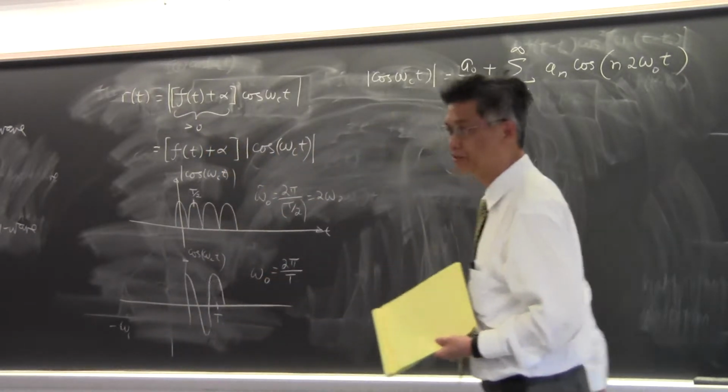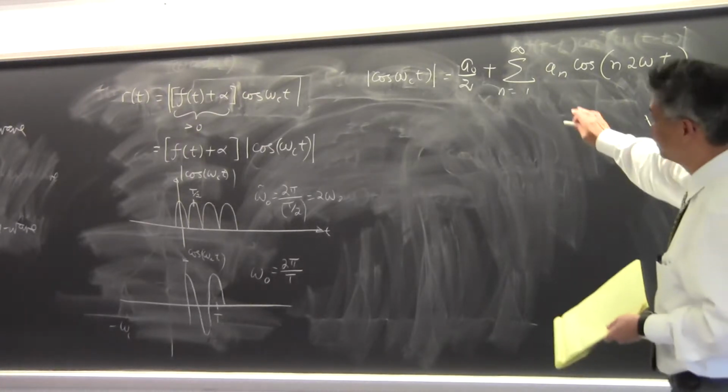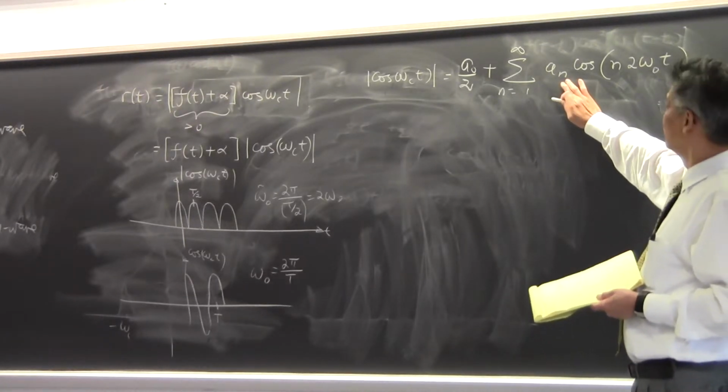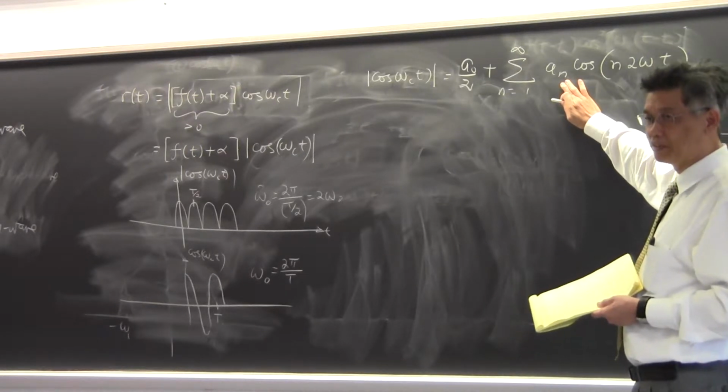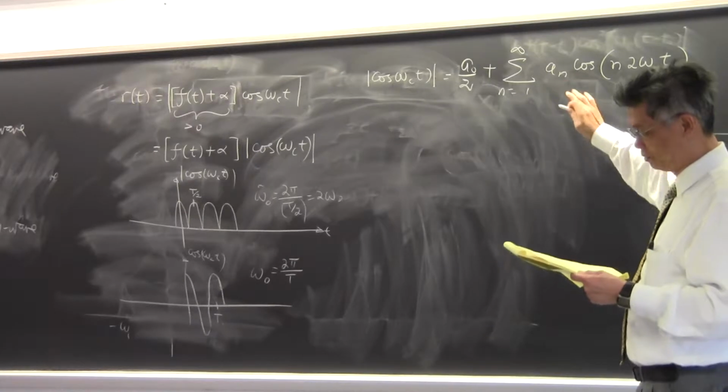Okay, the fundamental frequency of that is twice as high, so you have this kind of Fourier analysis. And I won't go through finding that a_n for you. I presume you know how to do that. All of you know how to do that.